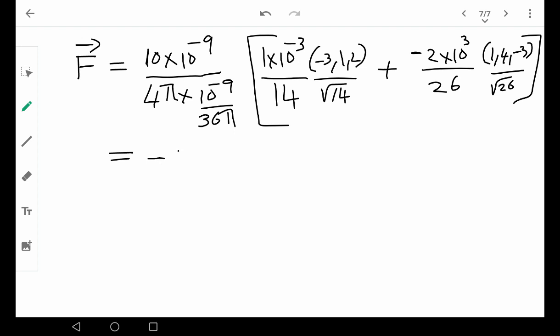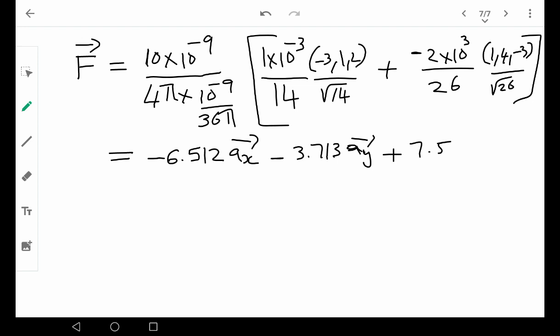Answer will be minus 6.512 aX minus 3.713 aY plus 7.509 aZ, into 10 raised to minus 3 Newton, or you can say this much millinewton.